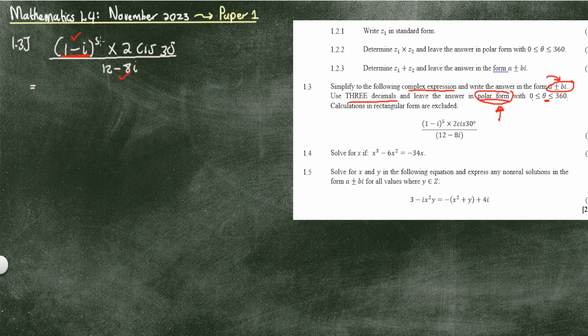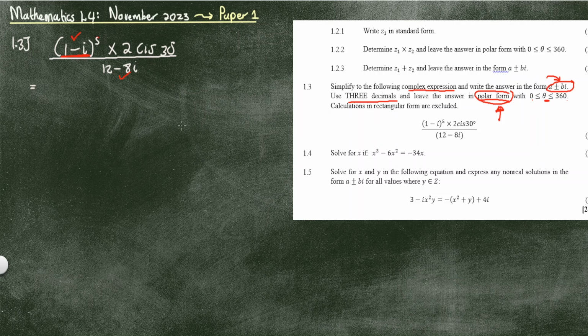For instance, the 1 minus i raised to exponent 5. The 1 minus i should be changed to polar form, right? Because the exponent 5 is signaling that De Moivre's theorem should be applied here. So we have to convert this standard form to a polar form. How do I do that?